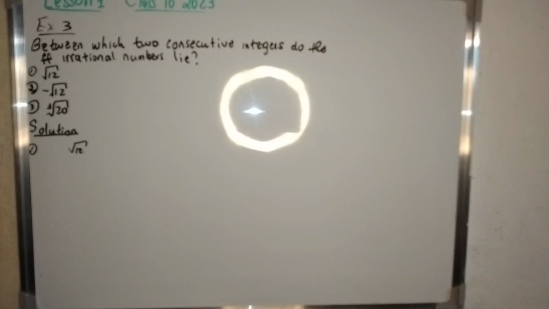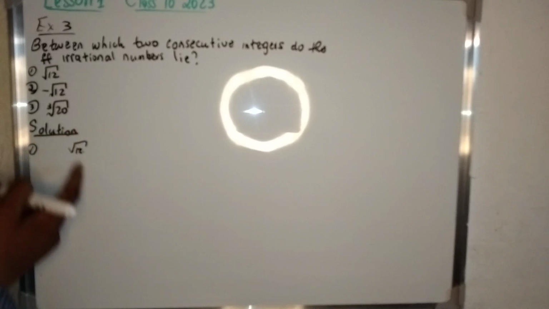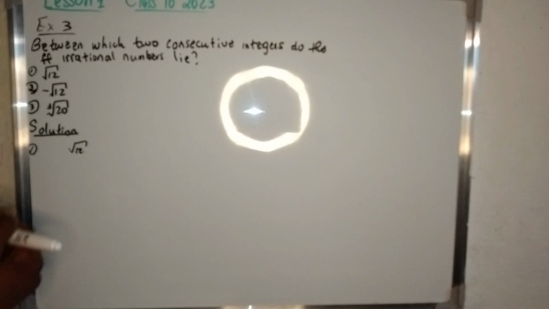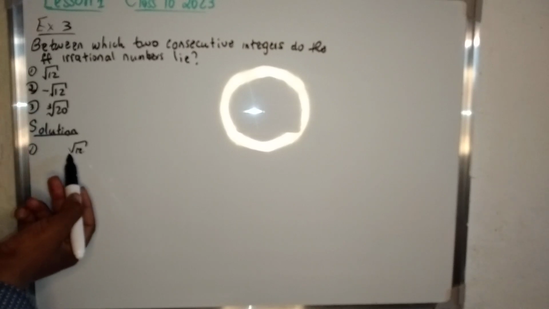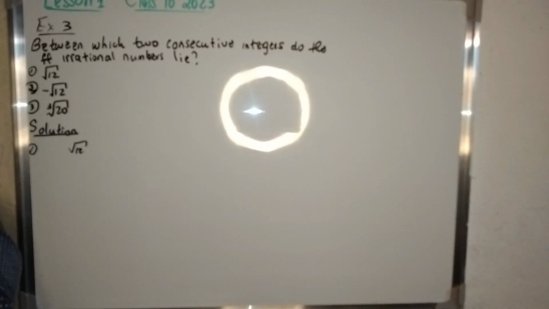So what I'm going to do here is that you must find the two perfect square integers. Okay, so that means we have to look for the number that is a perfect square from 12 going down to 1.